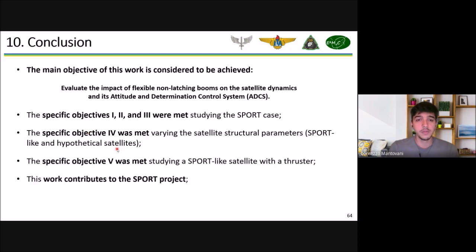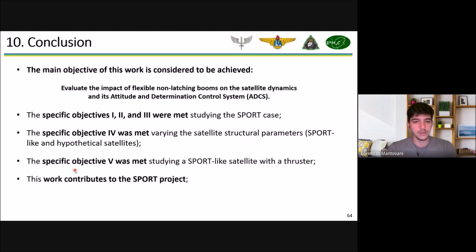The fourth specific objective was met by varying the satellite's structural parameters, and we consider that we met it with our study using the SPORT-like and a hypothetical satellite. And the last specific objective, the fifth one, was met using the thrusters with PWM in a SPORT-like satellite.